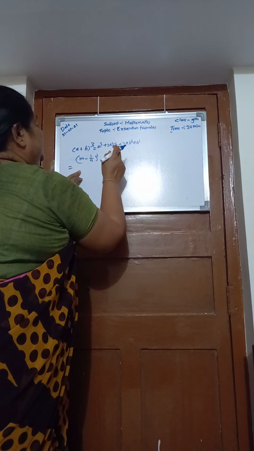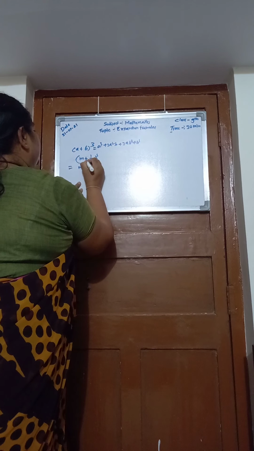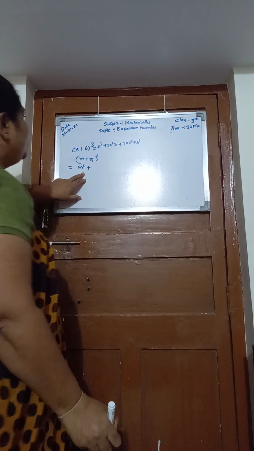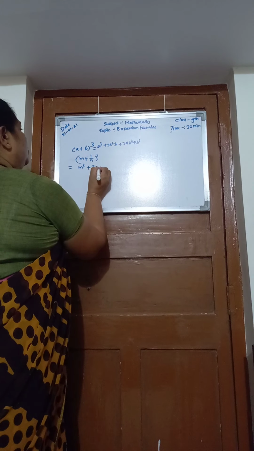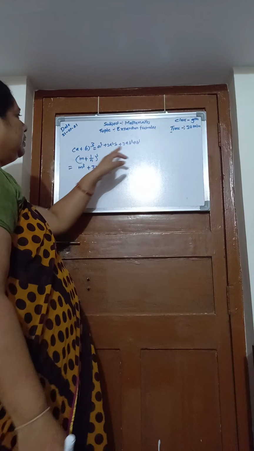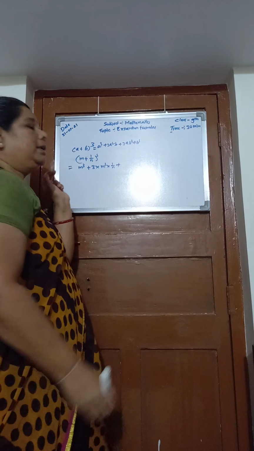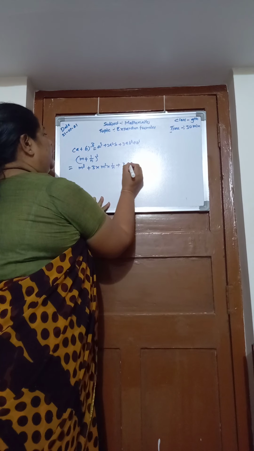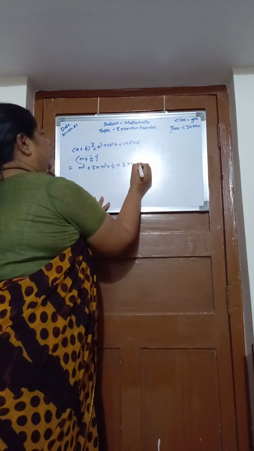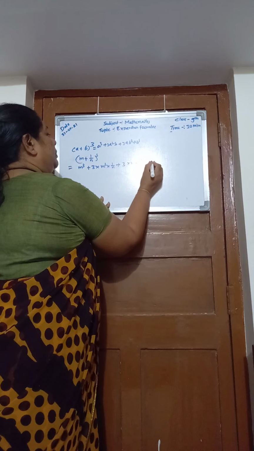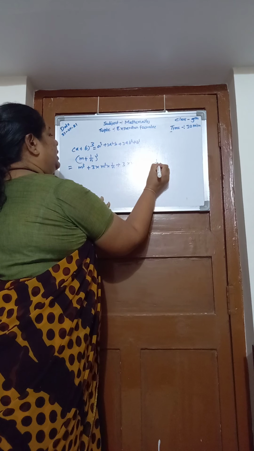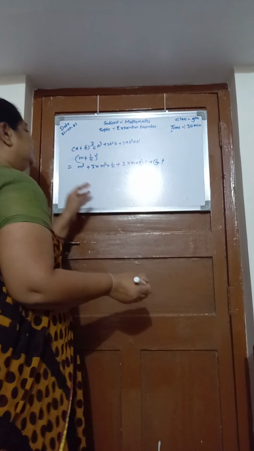So this will be plus m cube plus 3 into m square into 1 upon n plus 3ab square, that is 3 into m into (1 upon n) whole square, plus b cube means 1 upon n cube.